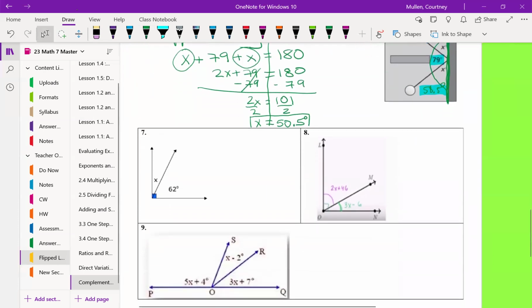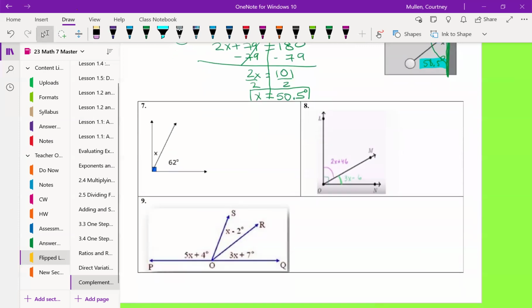You try number 7. Let's talk about number 8. So number 8, we have angle LOM as 2x plus 46. And we have angle MON as 3x minus 6.